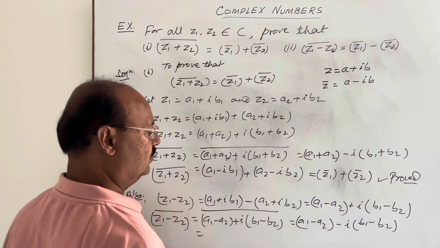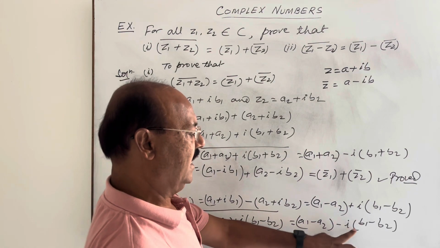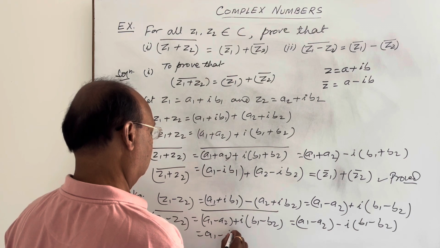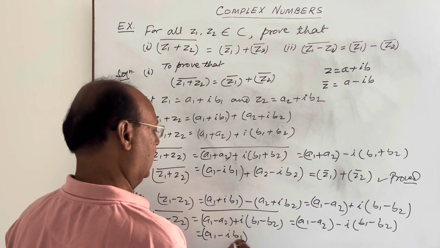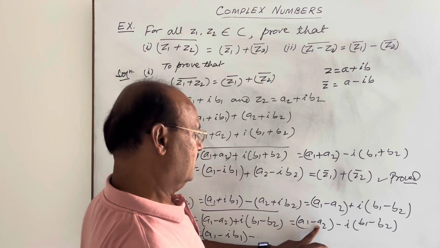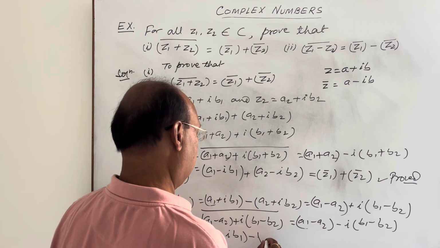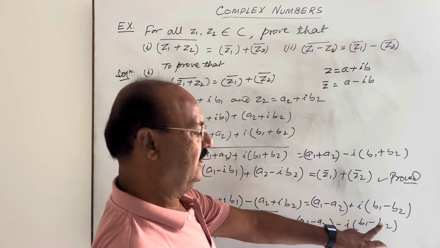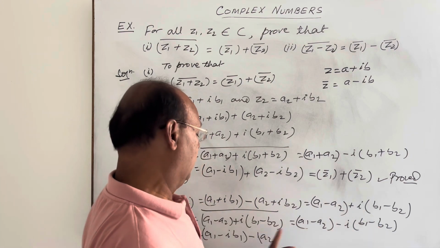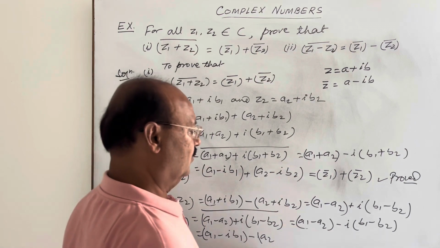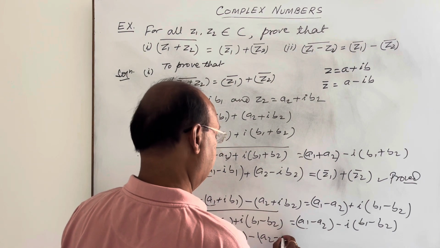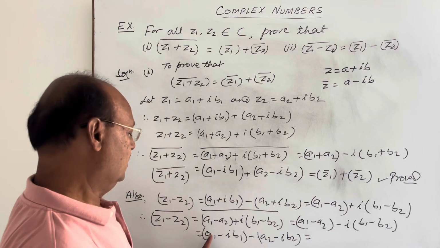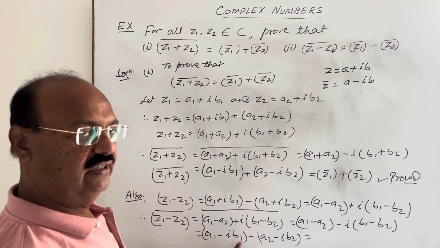And this is equal to A1 minus I B1, and minus A2 is here. So minus will be here, minus A2, and here minus I into B2 is plus I B2, but minus sign is here. So A2 minus I B2, and you see this is conjugate of Z1.